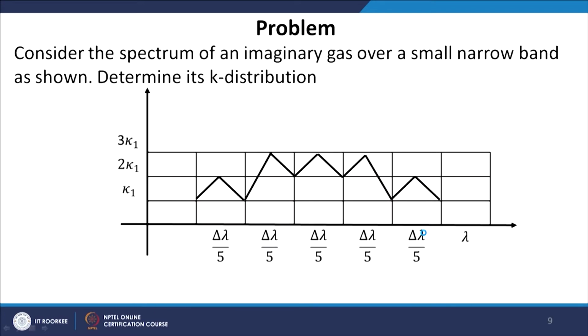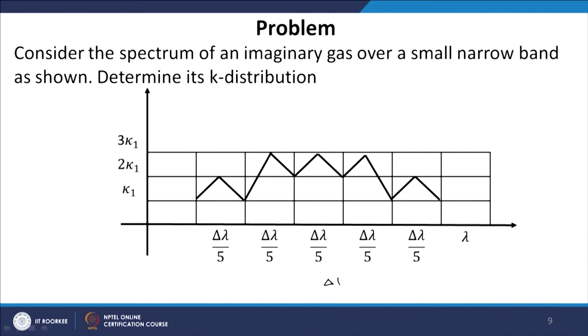Let us solve one problem and understand how the K distributions are generated. This is a simple mathematical problem where we have taken a simplified spectrum. The spectrum looks like this. We have a small narrow band. The total width of this narrow band is delta lambda, and the absorption coefficient varies from kappa 1 at the lowest level to 3 kappa 1 at the highest level.